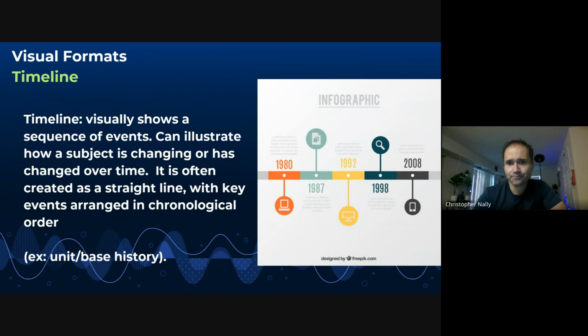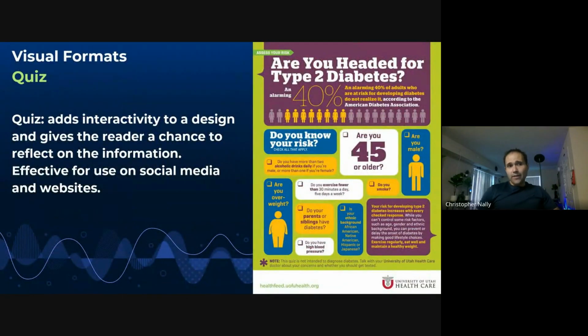And then we have the quiz. The quiz is a little bit difficult, especially considering the application. If it's just a print infographic, this one might be a little bit harder. If it's going on a wall or maybe being on display outside of a building, because a quiz gives interactivity to your audience.